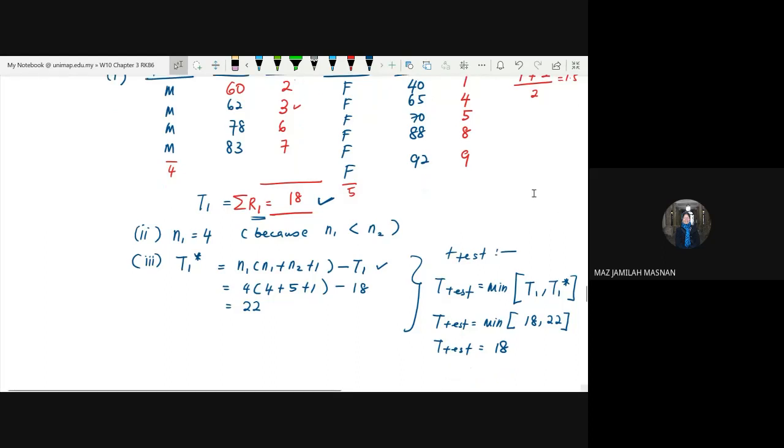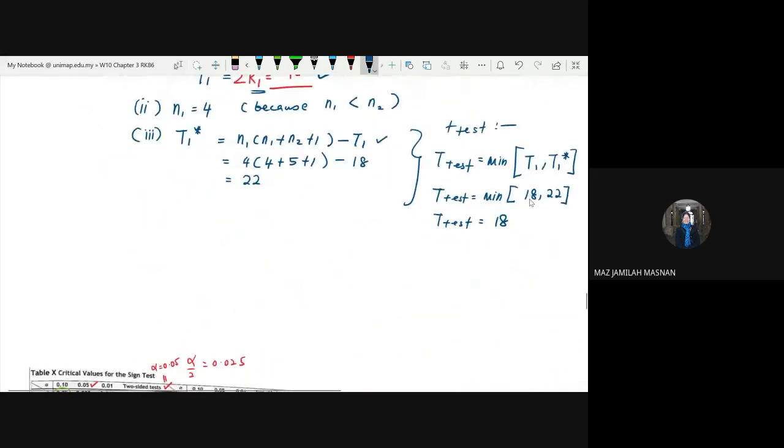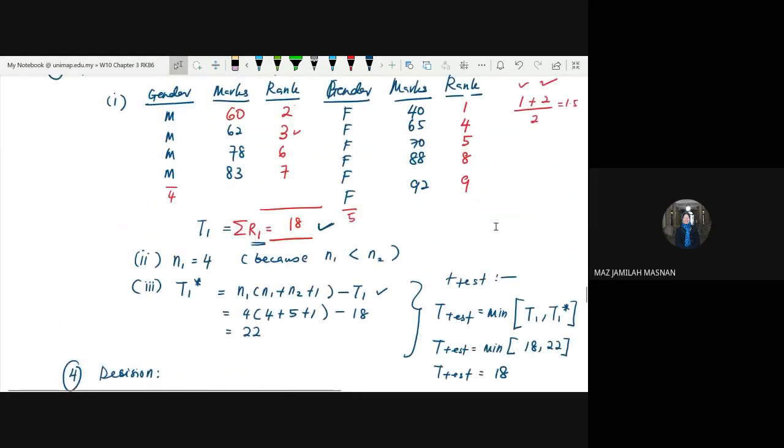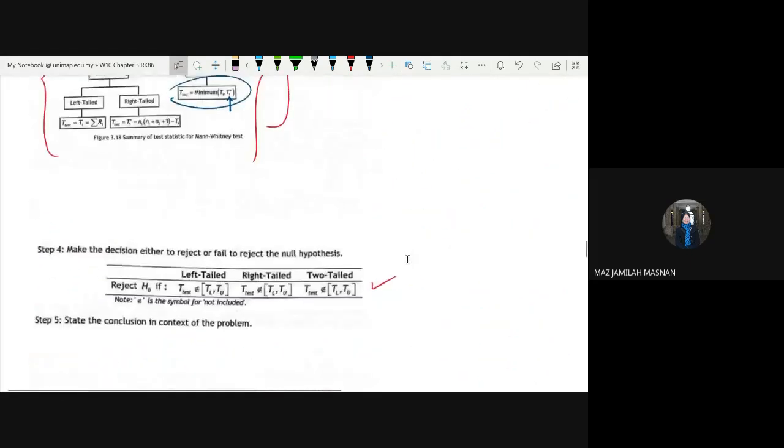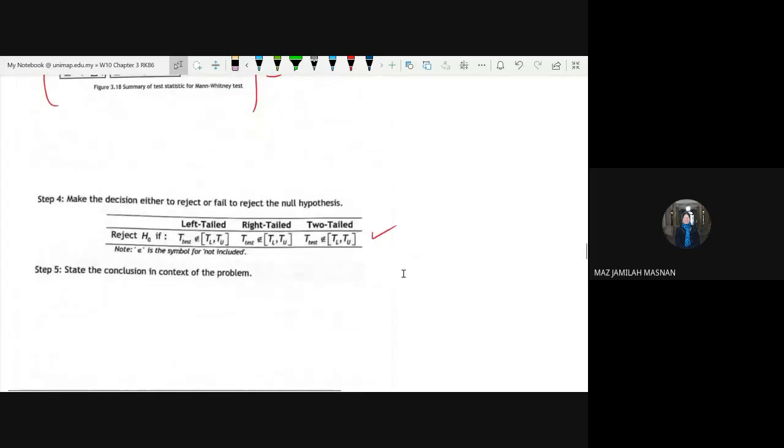Now, number 4, decision. For the decision, look at the way we make the decision for a two-tailed test.